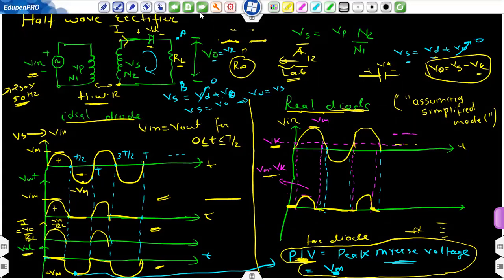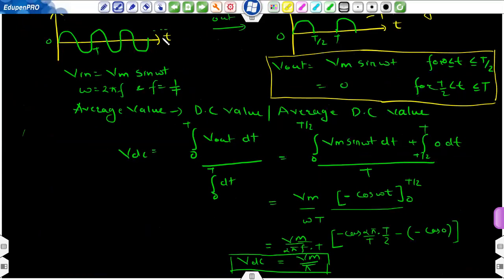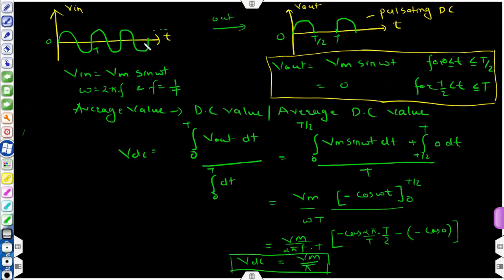Now we will define some parameters and derive their mathematical formulas, like average value, power, and efficiency. So first, this is your Vin, our input voltage.